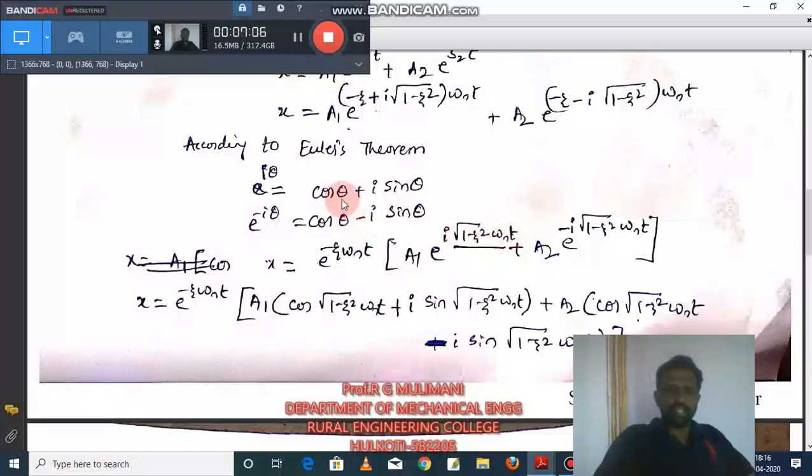So e raised to i theta is expressed as cos theta plus i sin theta. Similarly, e raised to minus i theta is expressed as cos theta minus i sin theta.